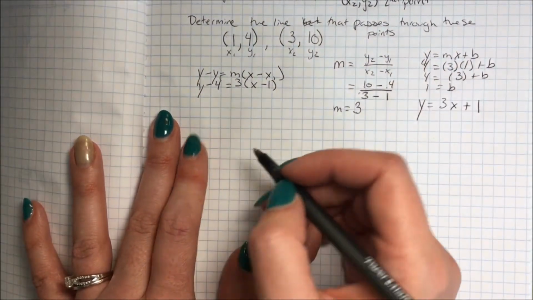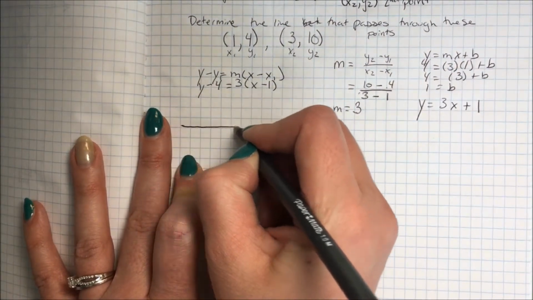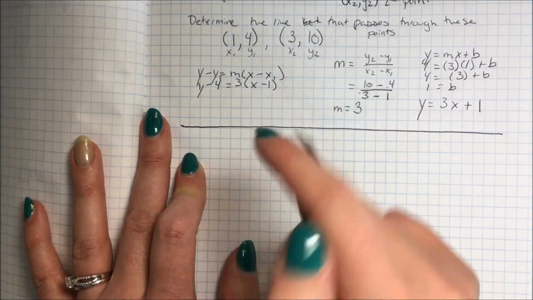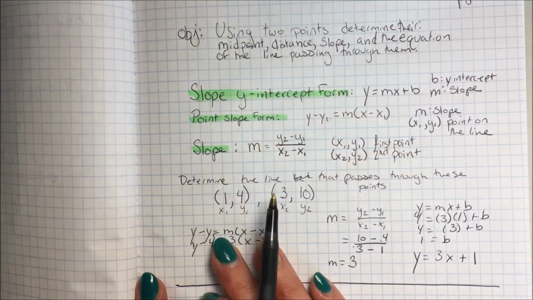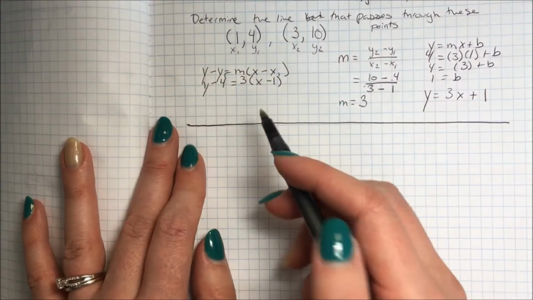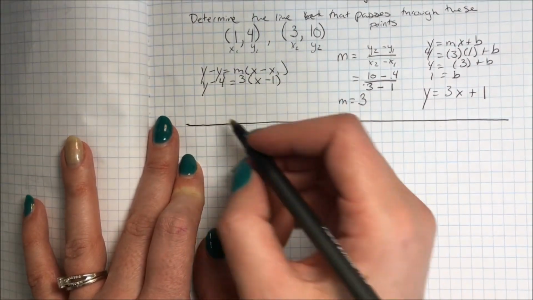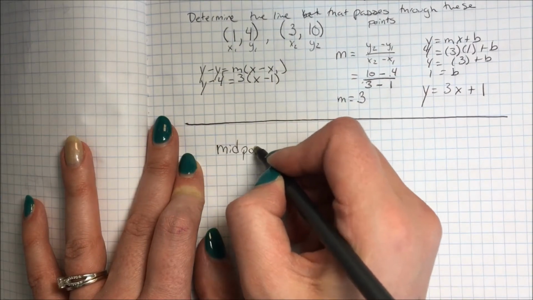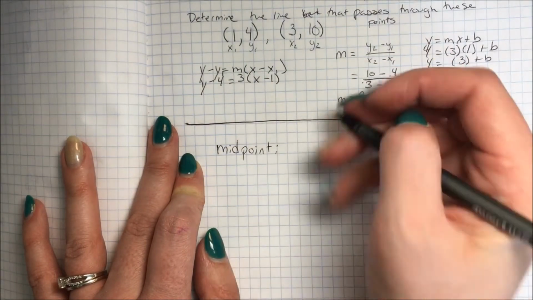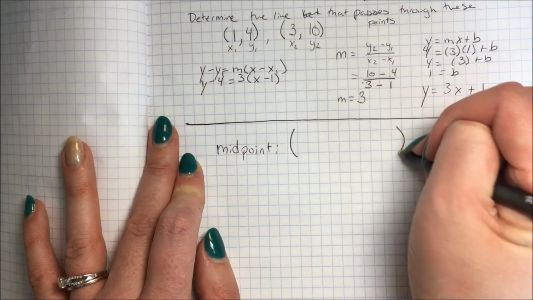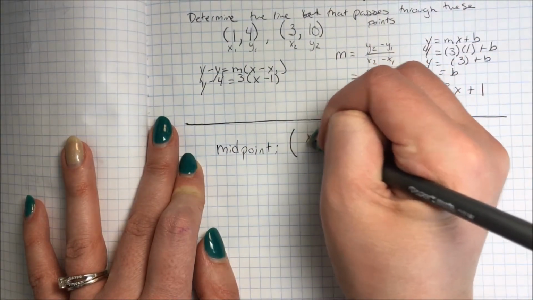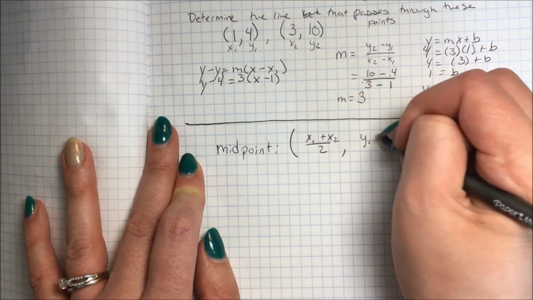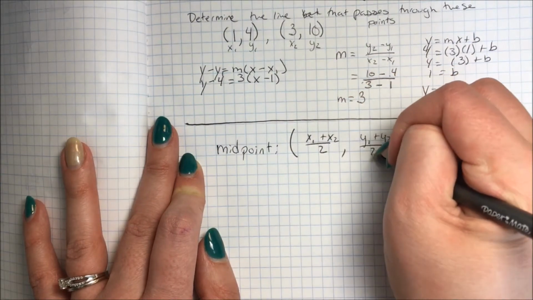Now, that's one thing we can do with 2 points. We need to do 2 other things. We need to find the midpoint and the distance between the 2 points. So midpoint, I'm just going to take the average of the 2 points. So for midpoint, that formula, I'm going to write it actually as a point. It'll be x1 plus x2 divided by 2, and y1 plus y2 divided by 2.